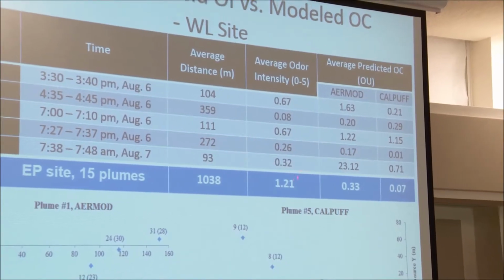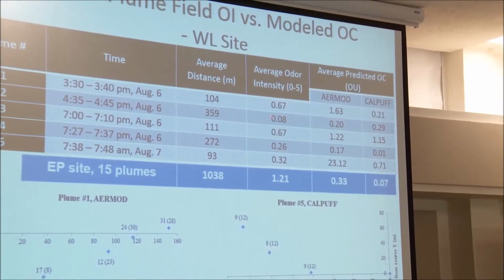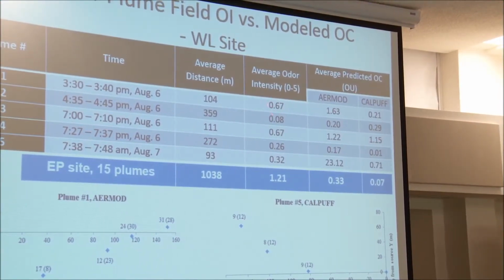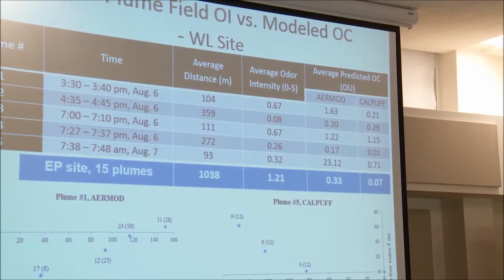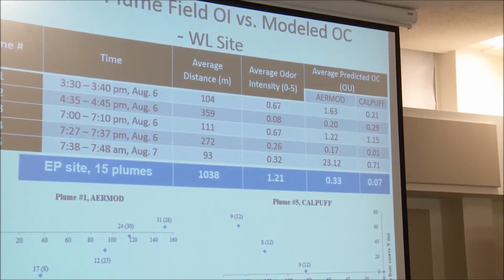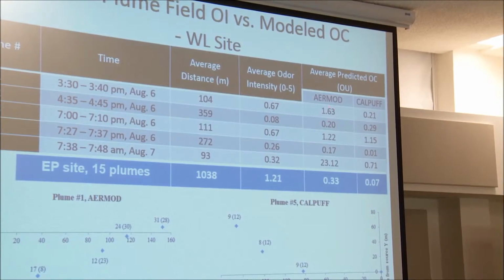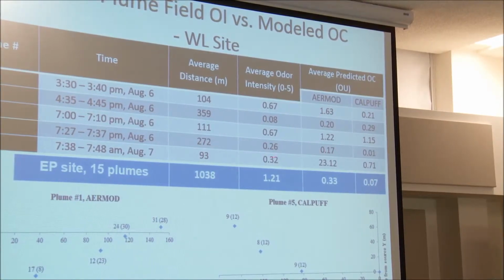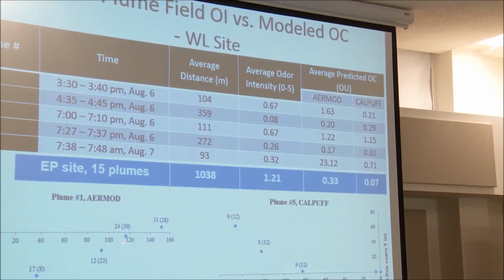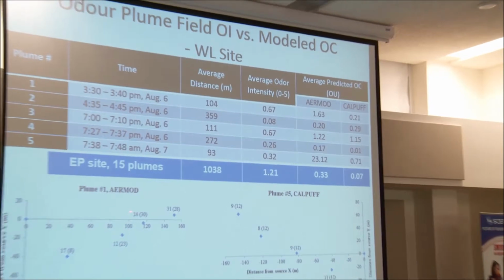So what we did is we use n-butanol correlation to convert every receptor's intensity to odor concentration, and that concentration is compared with model predictions. Then we generate the peak to mean ratio for the source and for the model. So that is the example of the model prediction compared with measurement.